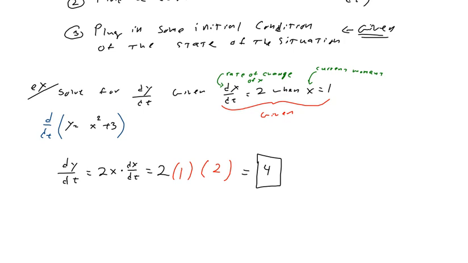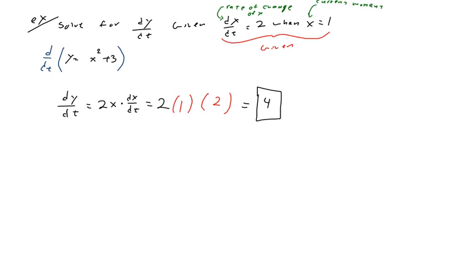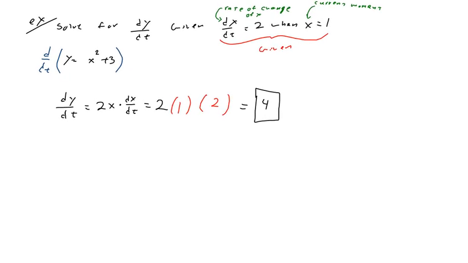The part that's missing in all of this, the part that's missing in this equation here, is the units. We don't understand what we're talking about. There's no real life application to this. It doesn't describe any particular thing. And the important thing about related rate problems is they give examples of real situations.